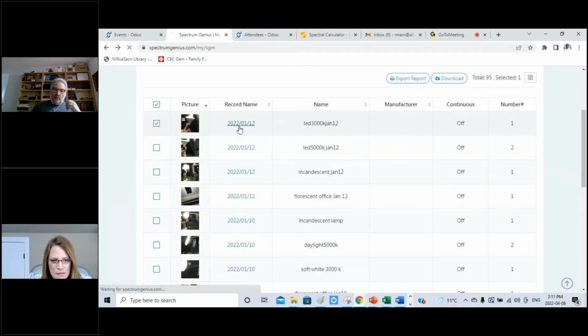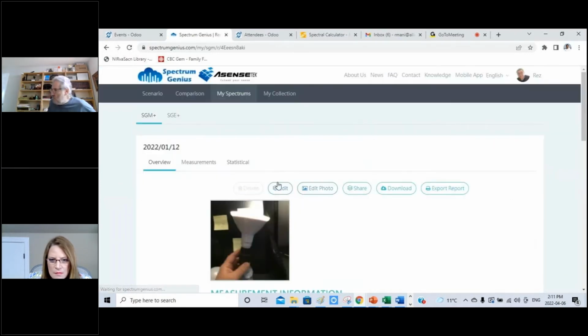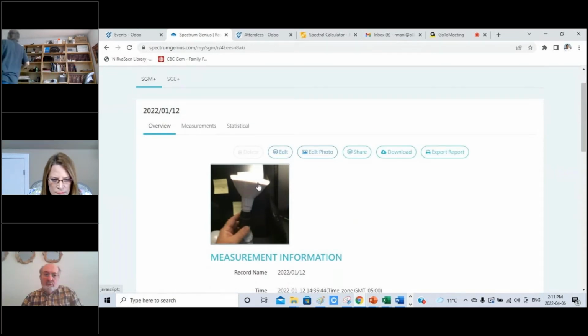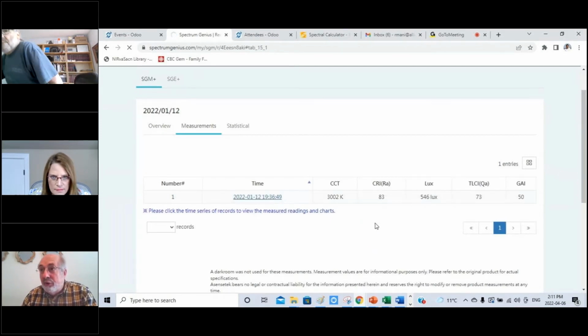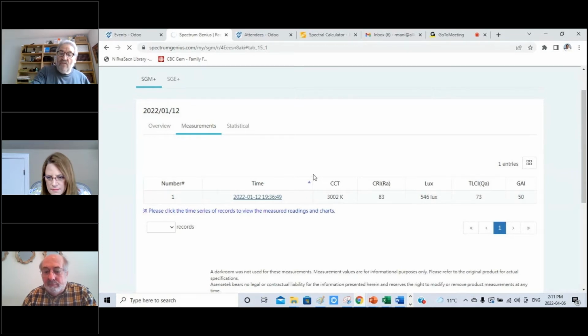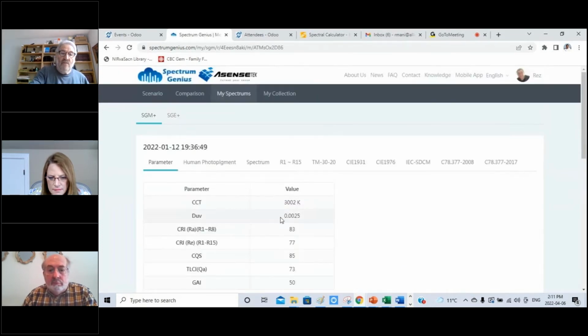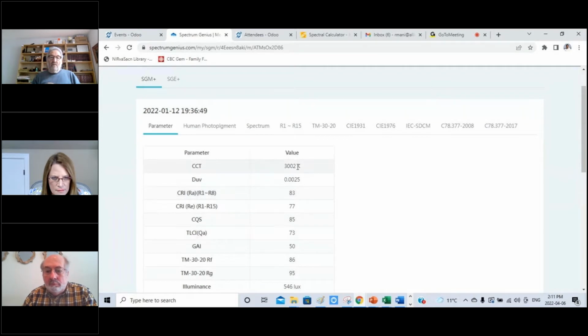If I click on one of these, you wait till you can see the fixture here. Then you go to measurements and click on this link. Let's give it a few seconds to load, and then it should show you all the measurements that were taken. Yes, there you go. All the measurements.